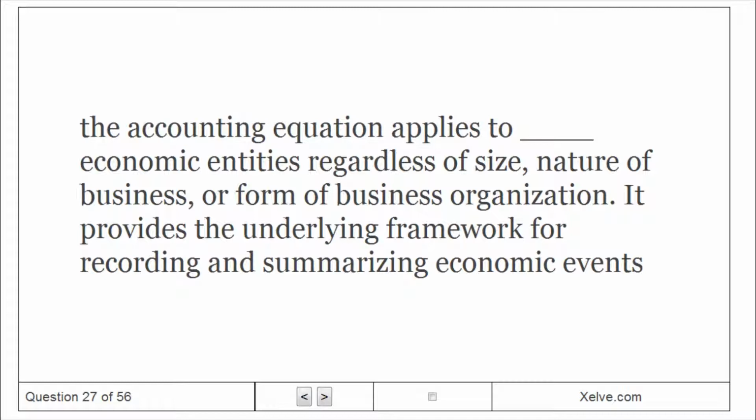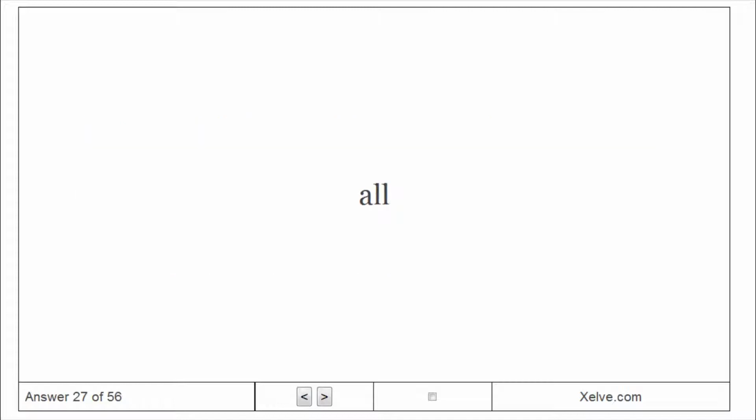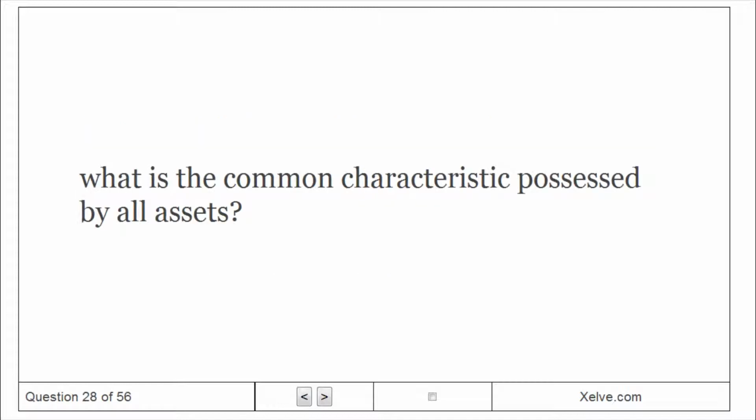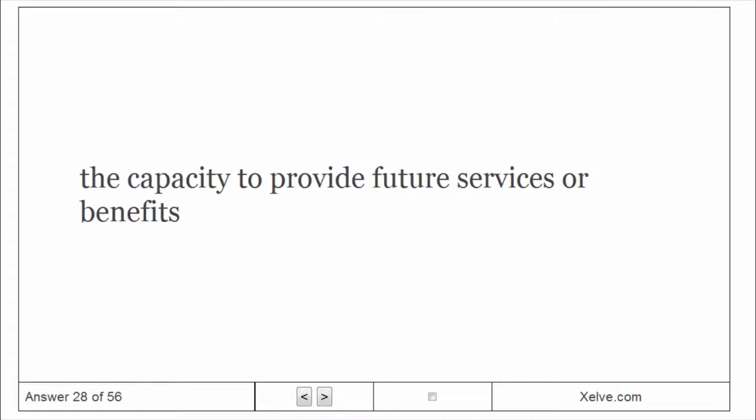It provides the underlying framework for recording and summarizing economic events. What is the common characteristic possessed by all assets? The capacity to provide future services or benefits.